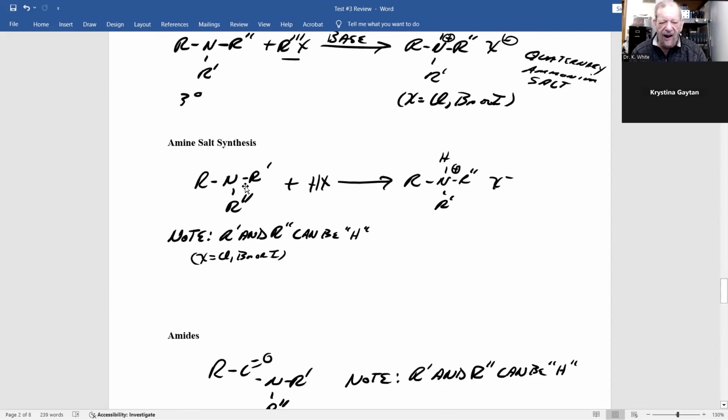amines are bases. And if you react it with an acid, you get an acid-base reaction. Remember from general chemistry, acid plus base, you get a proton transfer. In this case, this is your base.